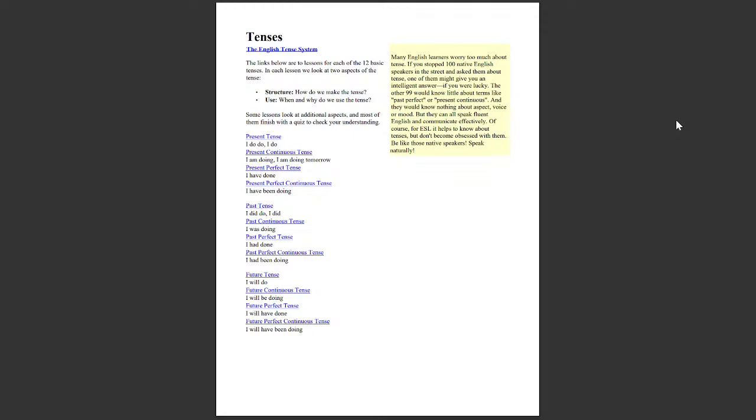If you were lucky, the other 99 would know little about terms like past perfect or present continuous, and nothing more about voice or mood. But they can all speak fluent English and communicate effectively, of course. For ESL learners it helps to know about tenses, but don't become obsessed with them. Be like those native speakers, speak naturally.